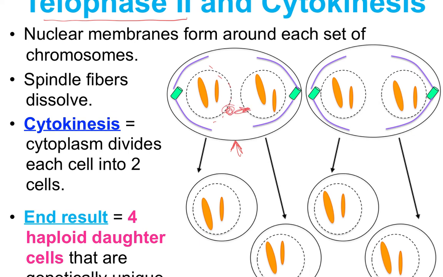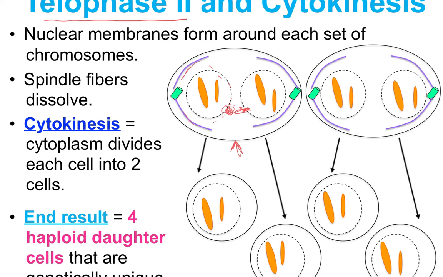Remember, cells are more of a fluid-like structure, and we don't want errors happening. So the nuclear membrane starts to form in telophase 2, and these spindle fibers will start to disappear and just dissolve back into the cell.